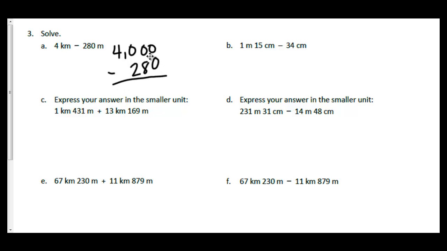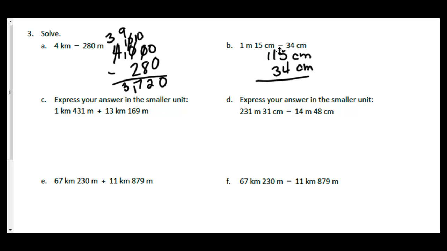So I'm ready to subtract in the ones, but I'm going to have to decompose these thousands so that I have 10 hundreds, and then decompose 100 so that I have 10 tens. Now I'm ready to subtract. So I have 0, 2, 7, and so over here, I'm going to have to change this to 115 centimeters minus 34 centimeters.